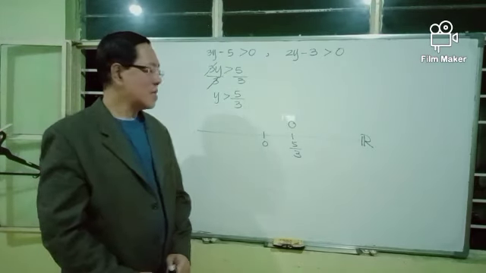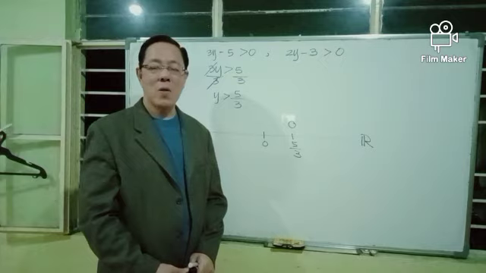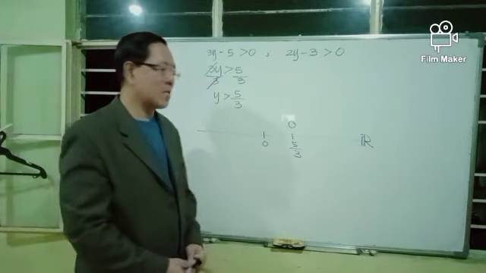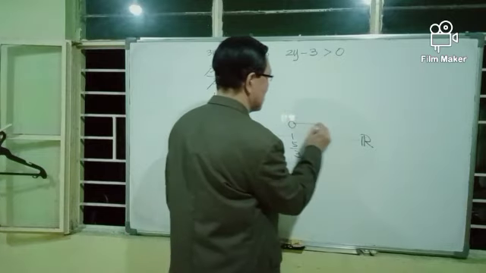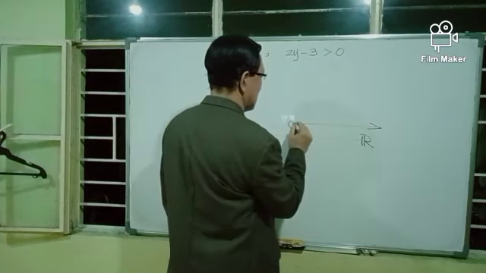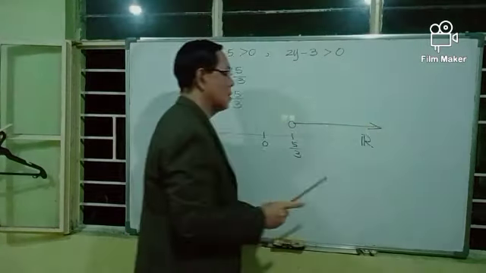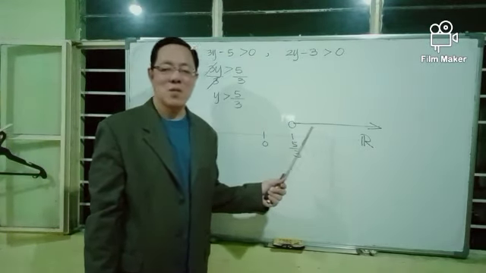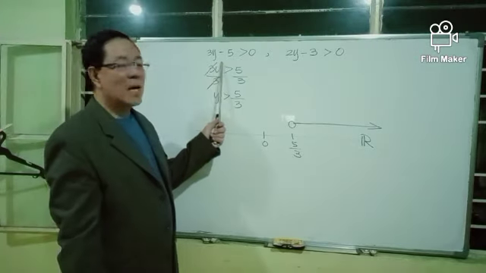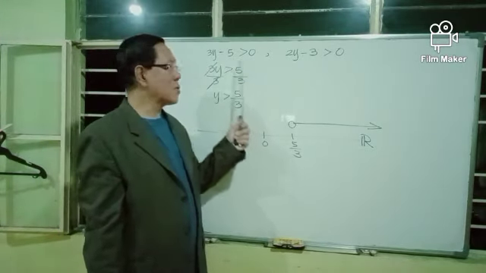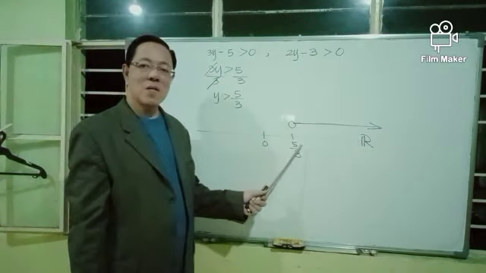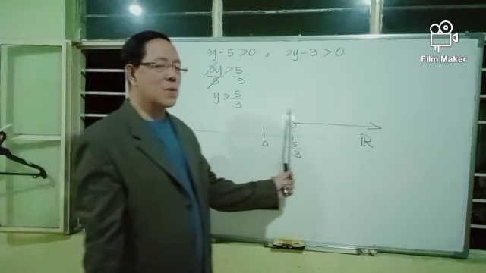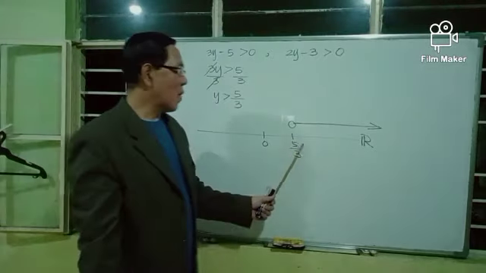And we indicate that by an arrow going to the right side or going to positive infinity. This is the diagrammatic representation of the solutions of 3y minus 5 greater than 0. The solutions consist of real numbers that are greater than 5 over 3, and those are the real numbers to the right of 5 over 3.